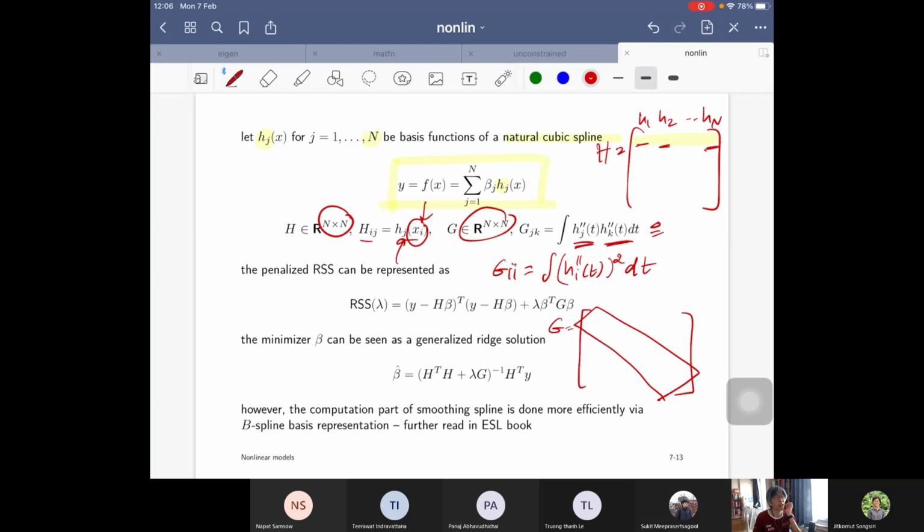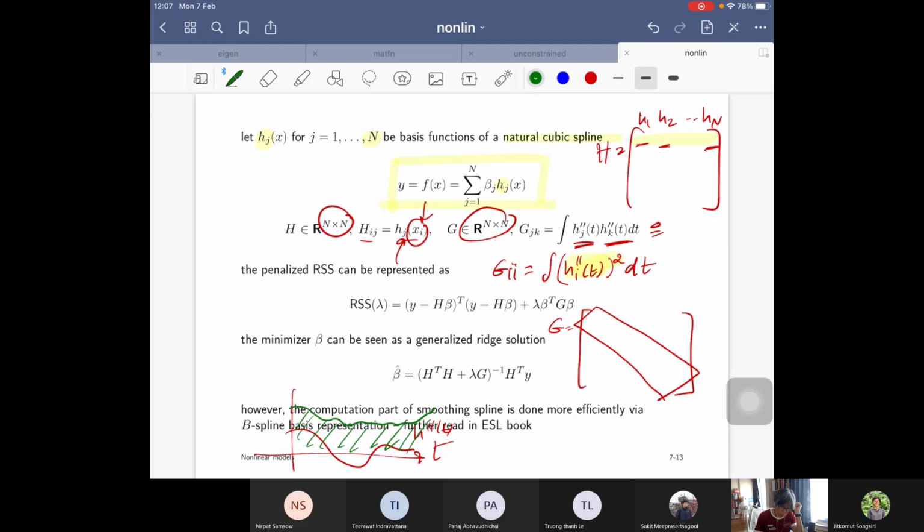If you look at the diagonal, is this function h_i double prime squared non-negative? Yes, it's non-negative. h double prime itself can be both positive and negative, because that's how the slope changes. But if you square it, it's non-negative, and you basically look at the area under the curve.